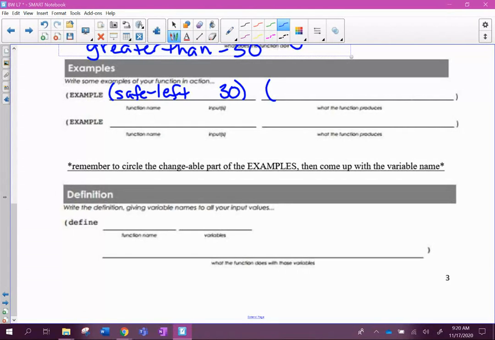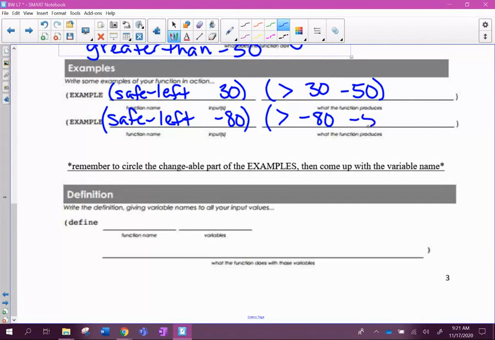We would be checking to see if 30 is greater than negative 50. So greater than 30, negative 50. Another example, safe left, maybe this time we do a negative number, negative 80. Again, we're checking to see if negative 80 is greater than negative 50.